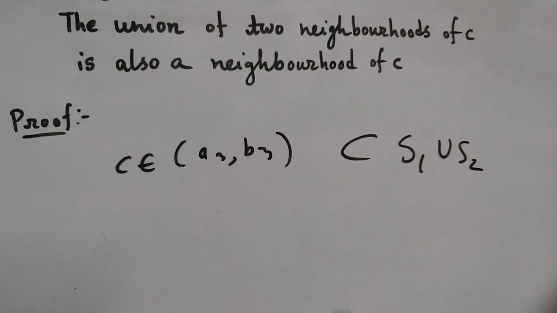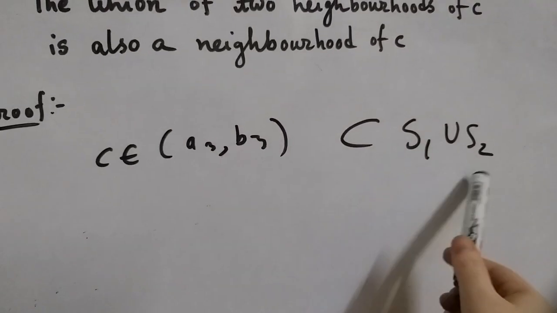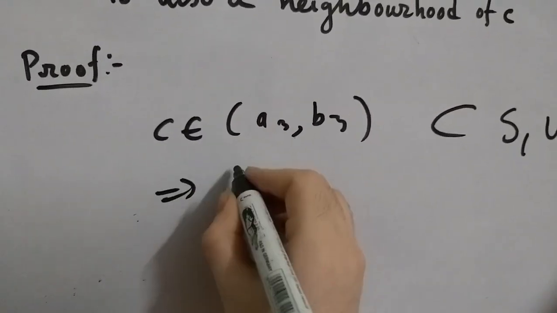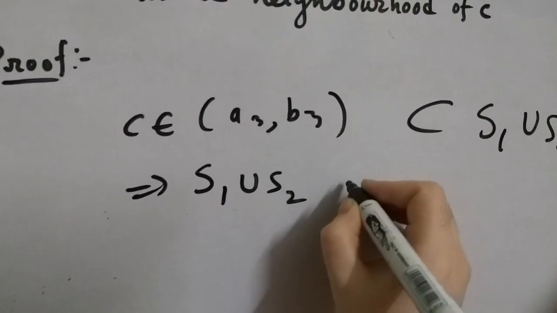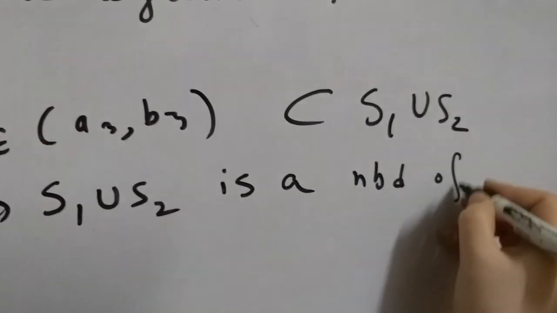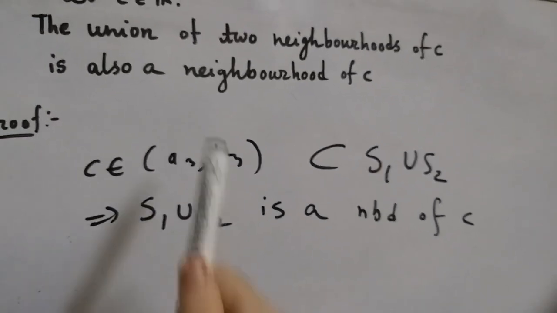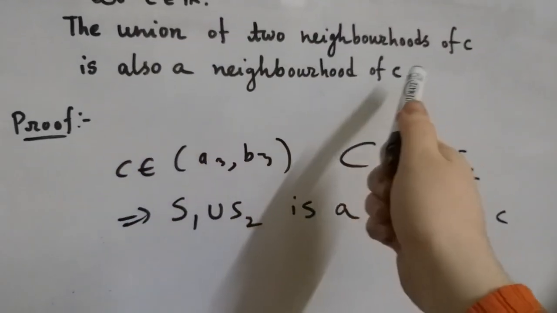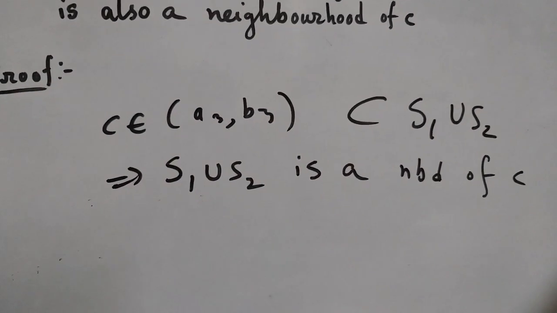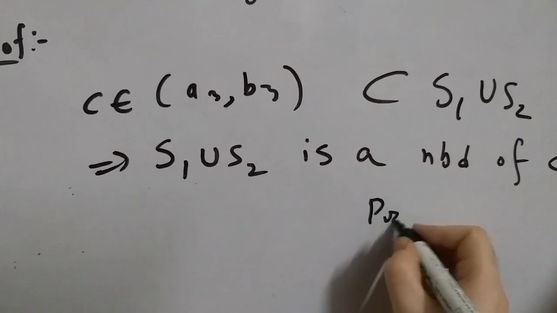From the definition of neighborhood, this shows that S1 union S2 is a neighborhood of c. So we prove the union of two neighborhoods of c is also a neighborhood of c. Proved.